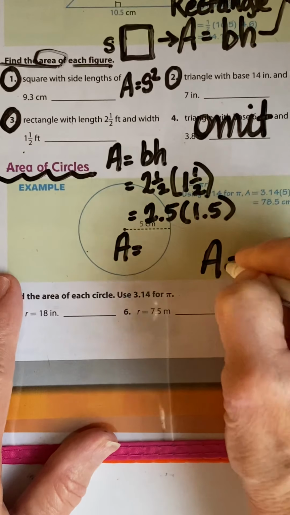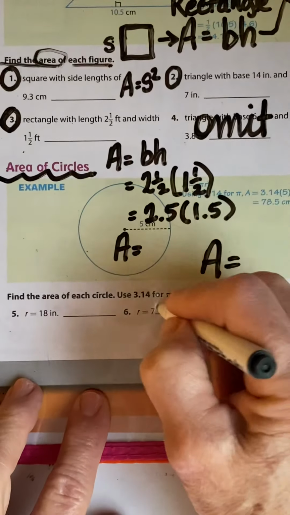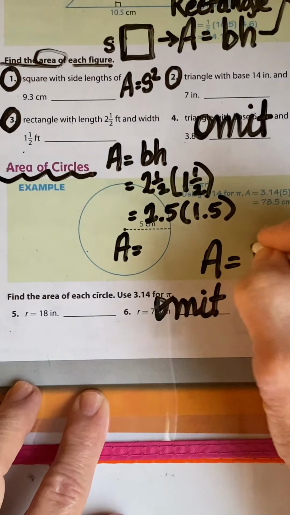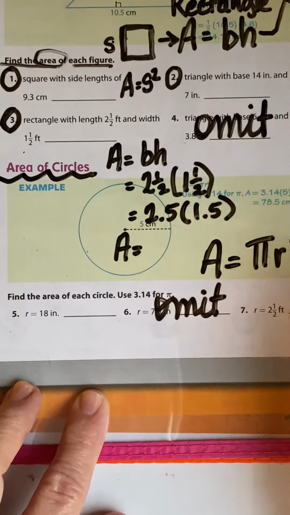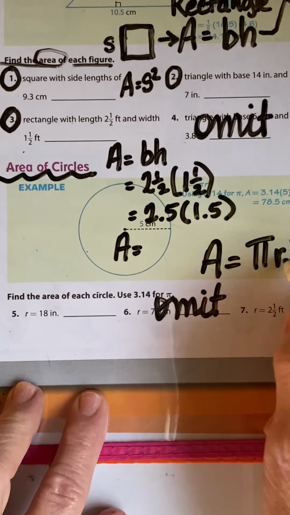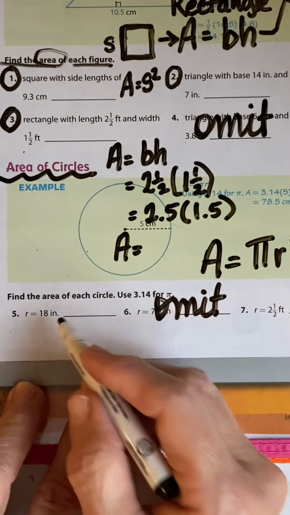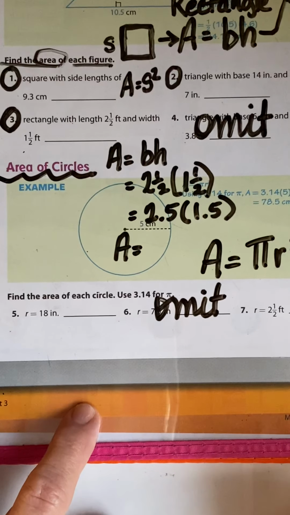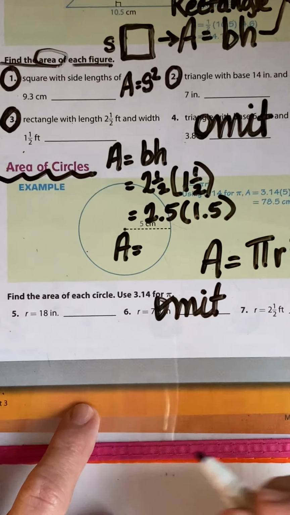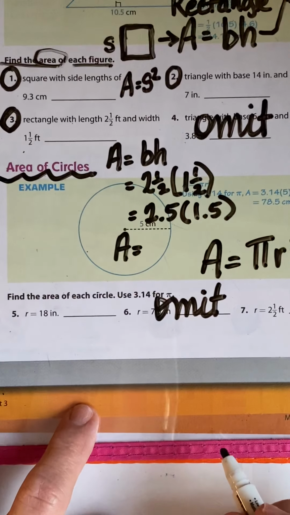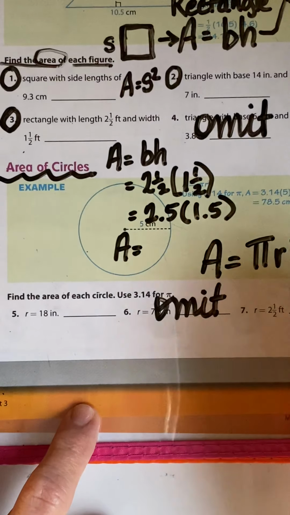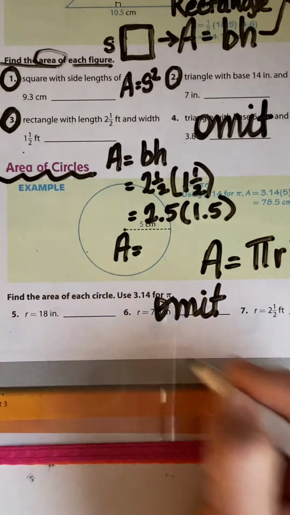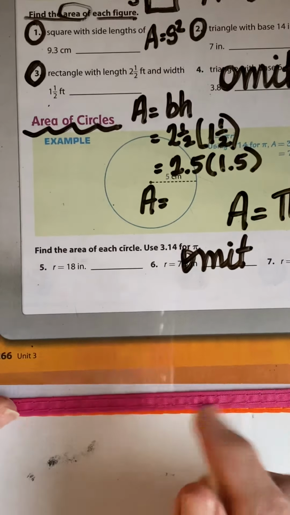For these 3, but I'm going to omit the one in the middle, use pi r squared for the area of these 3 circles. We know radius is halfway across the circle, and it says to use 3.14.